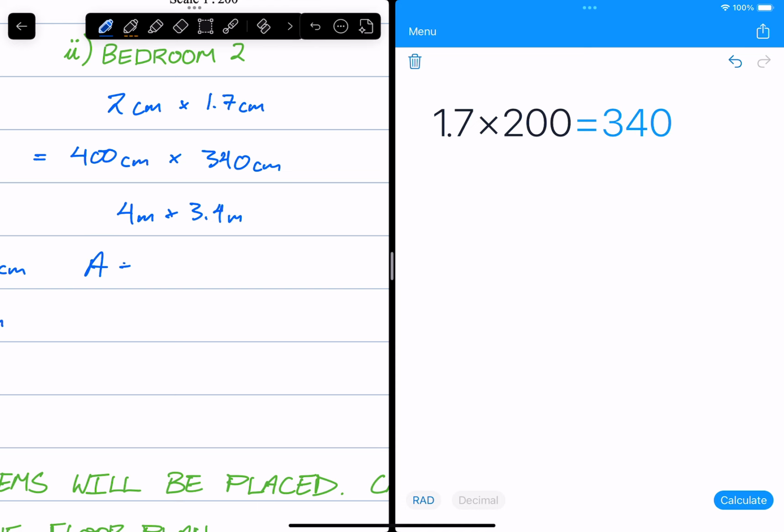And so the area is simply 4 times 3.4. That gets us 13.6 meters squared.